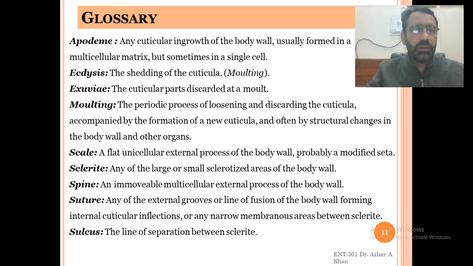Scales. Scales are the flat unicellular external processes of the body wall and may also be modified as setae. And setae are the hairs of the insect. Sclerites. Sclerites are the large or small sclerotized plates present on the body of the insect. Spines.